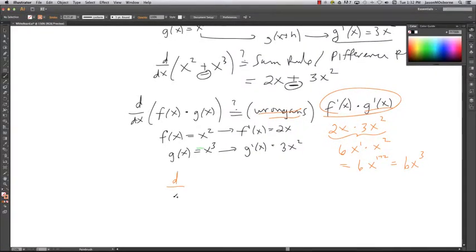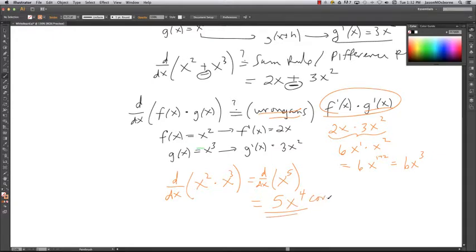But f of x was x squared and g of x was x cubed. The derivative you're trying to find is of the function x to the 5th power. And by the f of x plus h expansion, you know that the correct answer is 5x to the 4th.